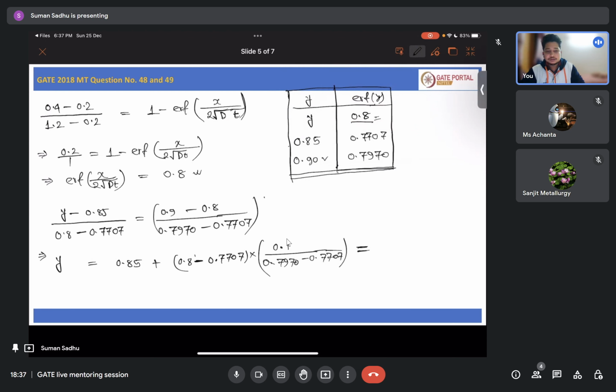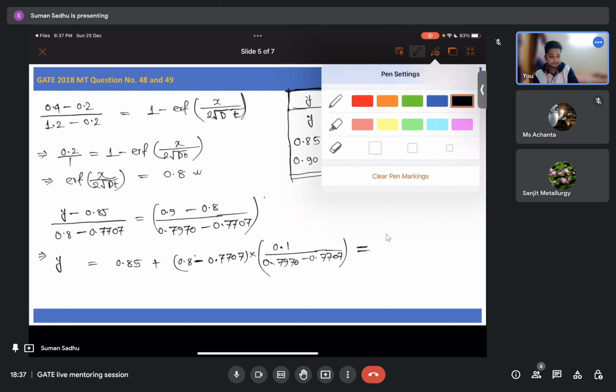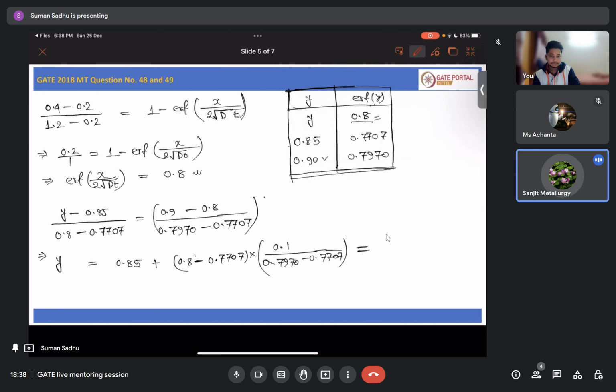Before calculating, can you guess near which value it should come from looking at the chart? So around 0.8. Error function y value is 0.8.